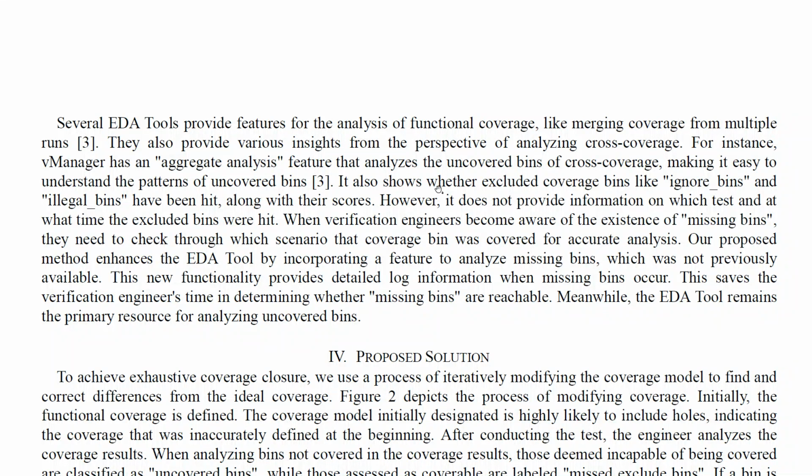It also shows whether the excluded coverage bin like ignore_bins and illegal bins have been hit, along with their scores. However, it does not provide information on which test and at what time the excluded bins were hit. When verification engineers become aware of the existence of the missing bins, they need to check through which scenario that coverage bin was covered for accurate analysis.